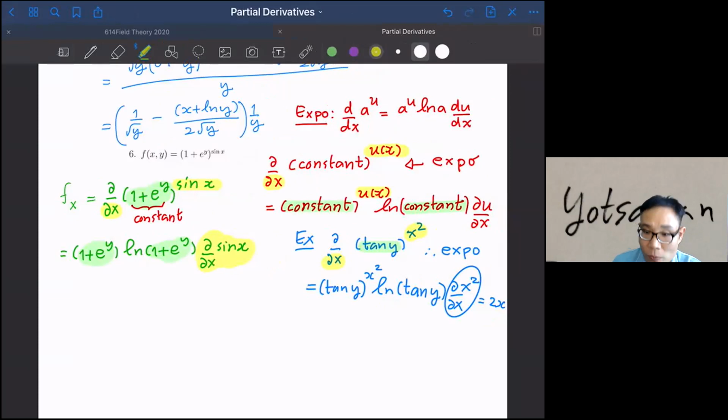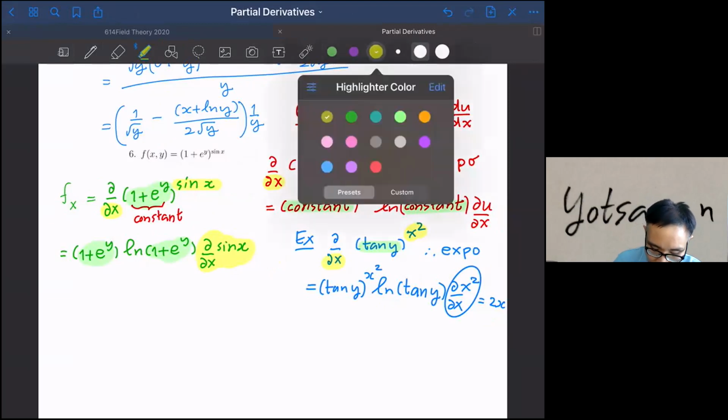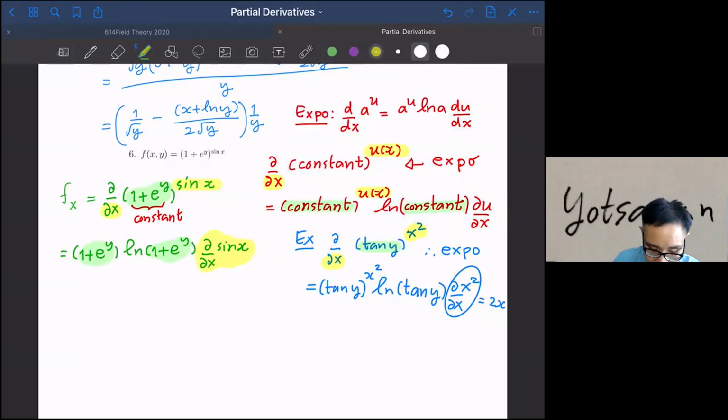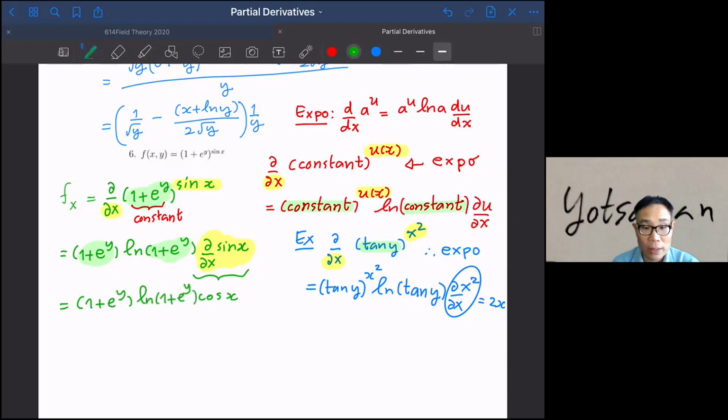The derivative of sine x is cosine x. So you have (1 plus e to the y) to the sine x times log(1 plus e to the y) times cosine x. That is your final answer for fx.